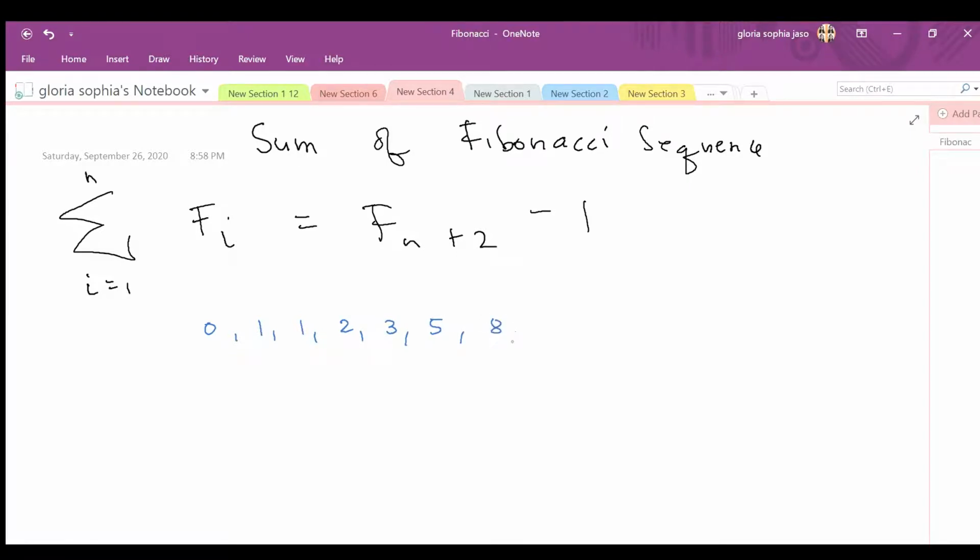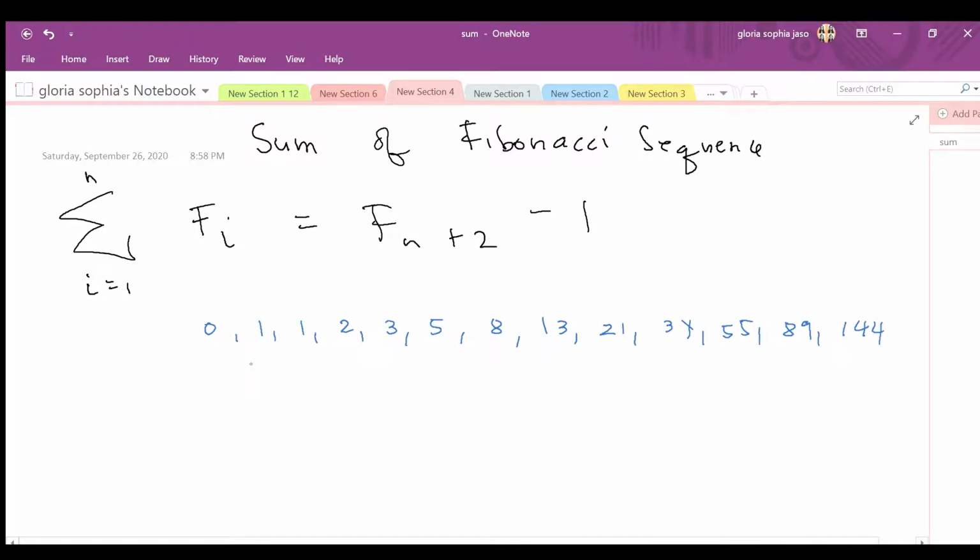And then 8, 13, 21, and then 34, and then 55, and then 89 and 144.